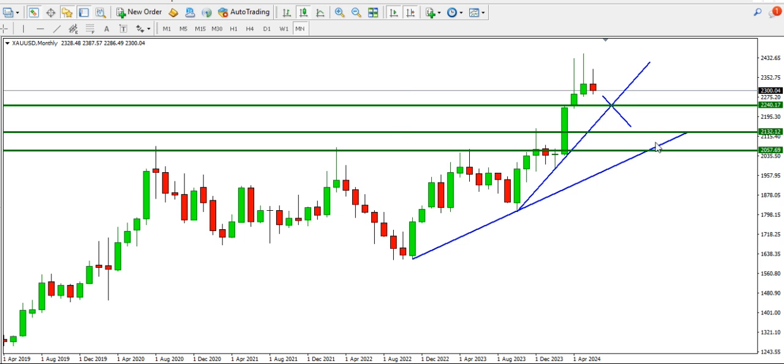But the overall direction on the monthly time frame shows that price is currently bullish. But for every trend, you have an impulsive move when the price goes in the direction of the trend.